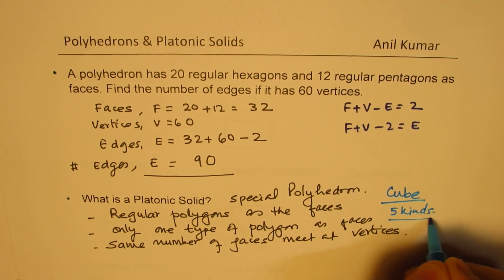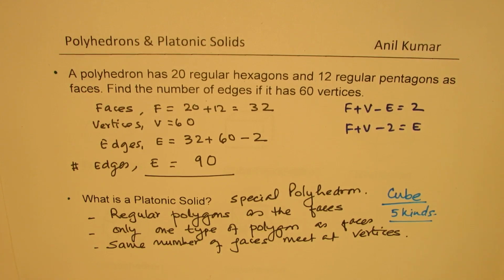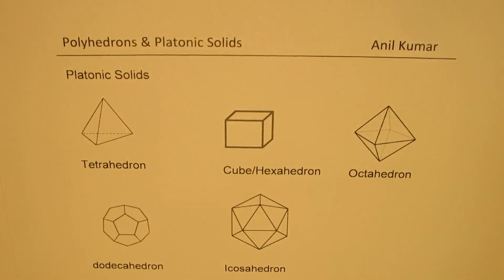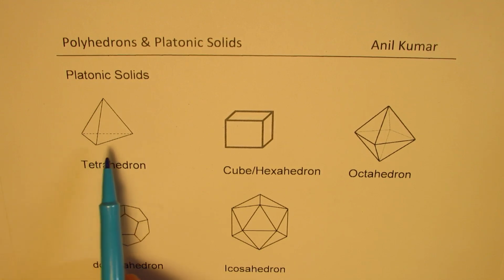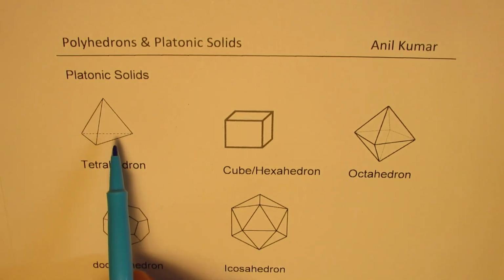Now what are these 5 kinds? Let's have a look at these. The next page gives you the figure of these 5 kinds of Platonic solids with their names. The most basic is tetrahedron. You see all triangular faces in a tetrahedron, right?